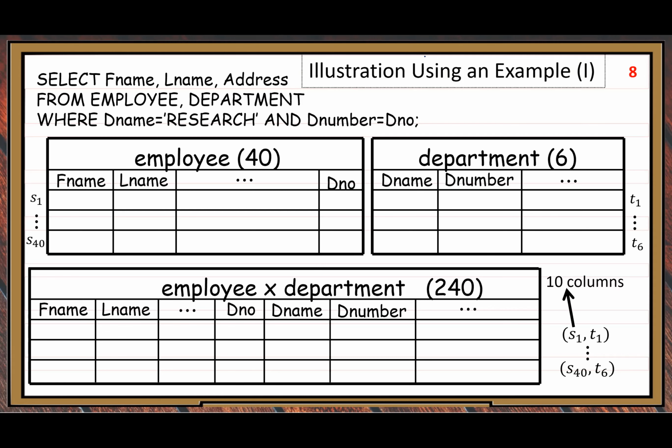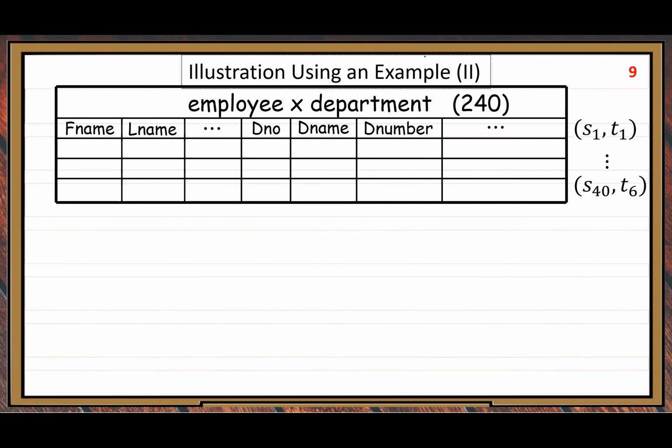For the columns, you need to merge all the columns from 2 tables. Sorry, the employee has 10 columns, the department has 4, so the total is 14 columns. So 240 tuples, 14 columns.